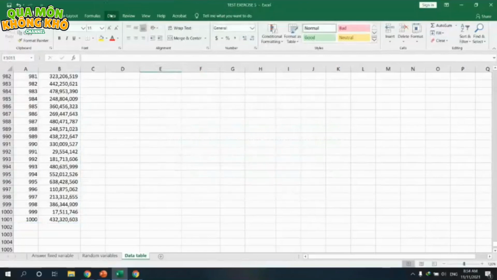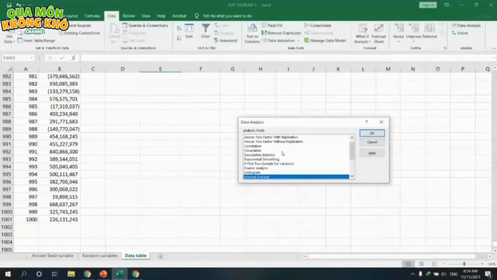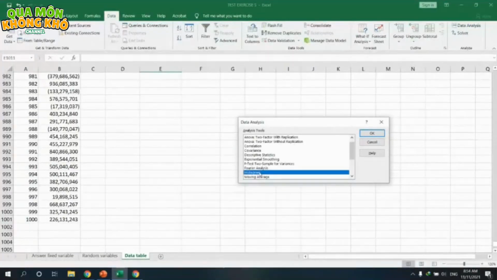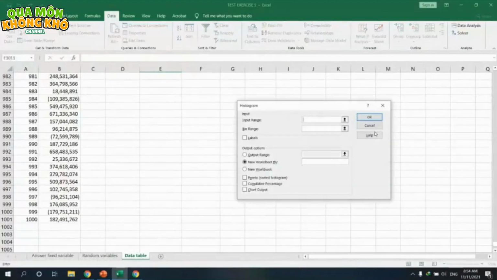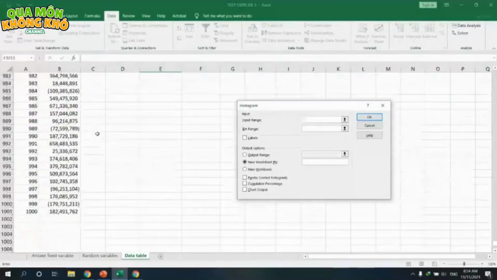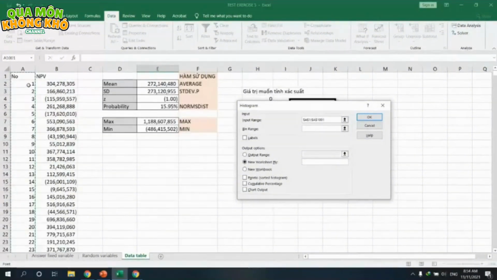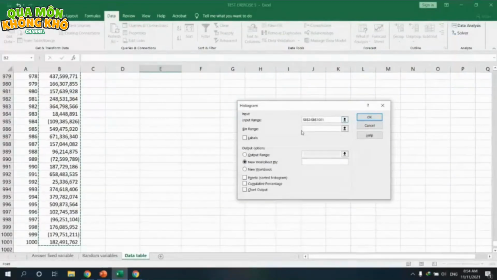Just open the data tab, and data analysis. And in data analysis, you have the histogram. So in input range, you just choose the column of 1,000 NPV. No, not the number, the column NPV. Yes, and you just click OK.